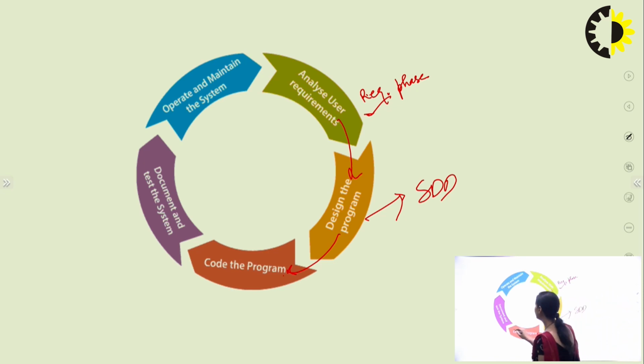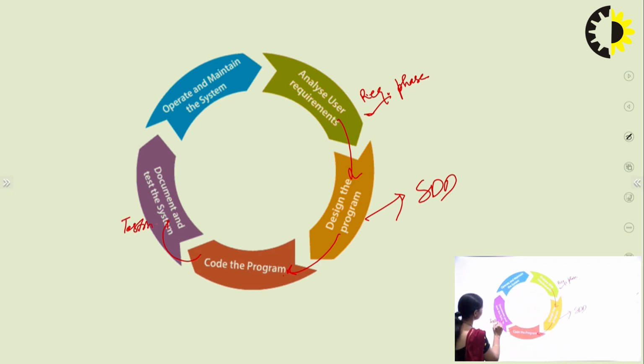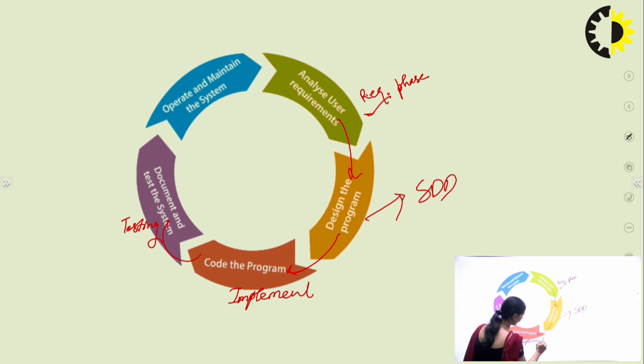Coding is done, we document and test. That means we move into the testing phase. This is the implementation phase, wherein the code is implemented. Once the code is generated, it moves into the testing phase.